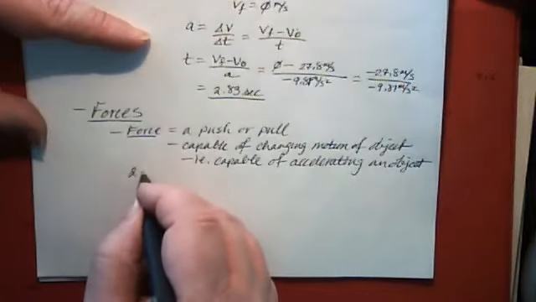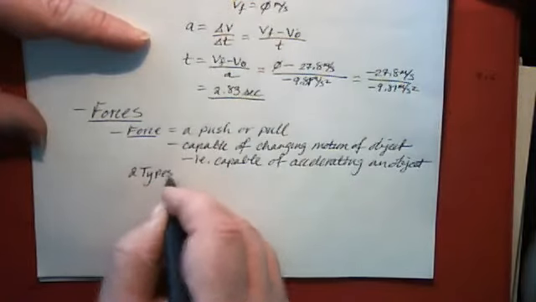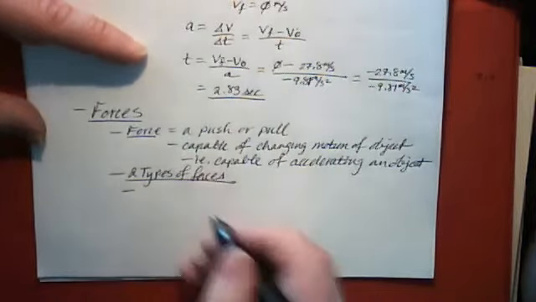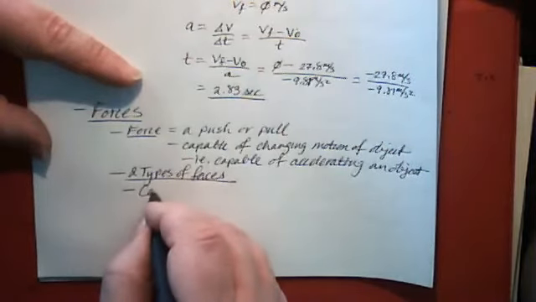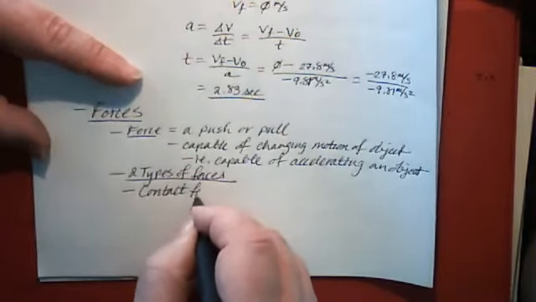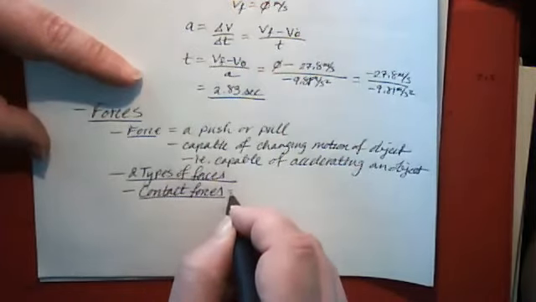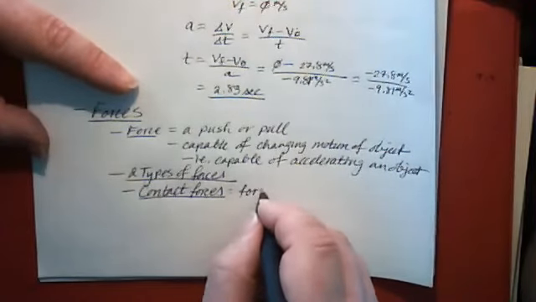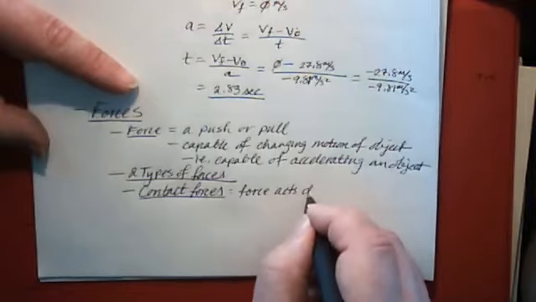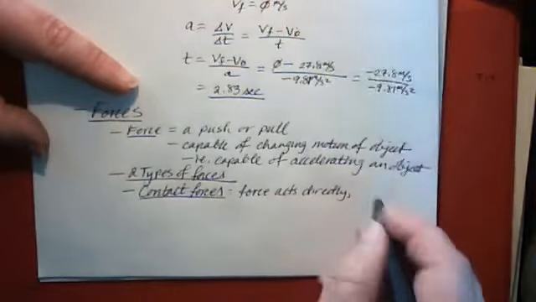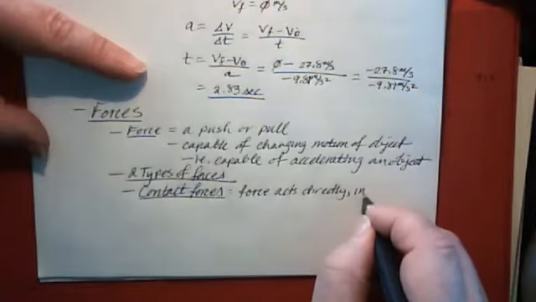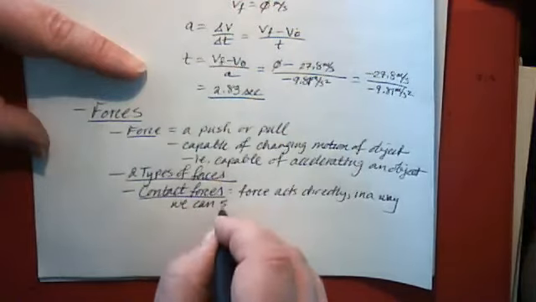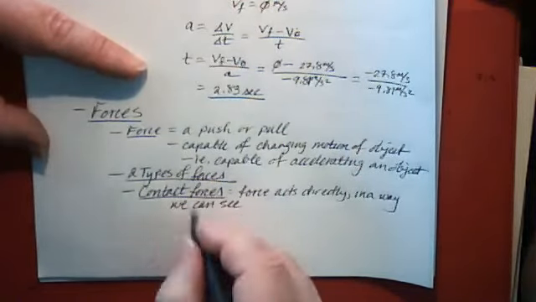There are two general types of forces. And one of those is contact forces. And this is one where a force acts directly on an object, in a way that we can see.